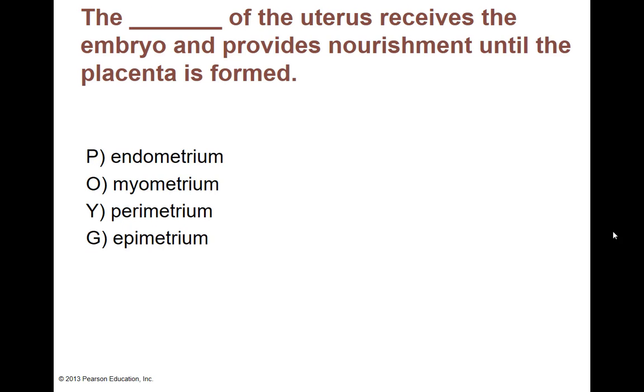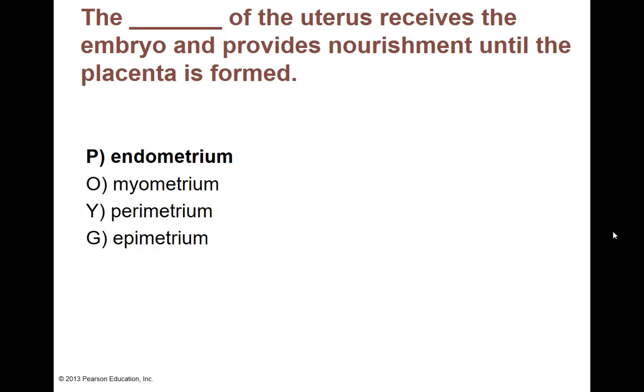The what of the uterus receives the embryo and provides nourishment until the placenta is formed. Pink, orange, yellow, or green? Which one receives the embryo? It is the pink, the endometrial lining.